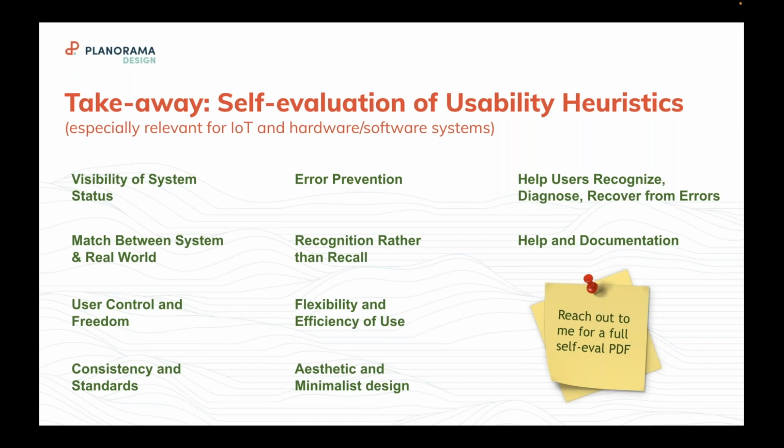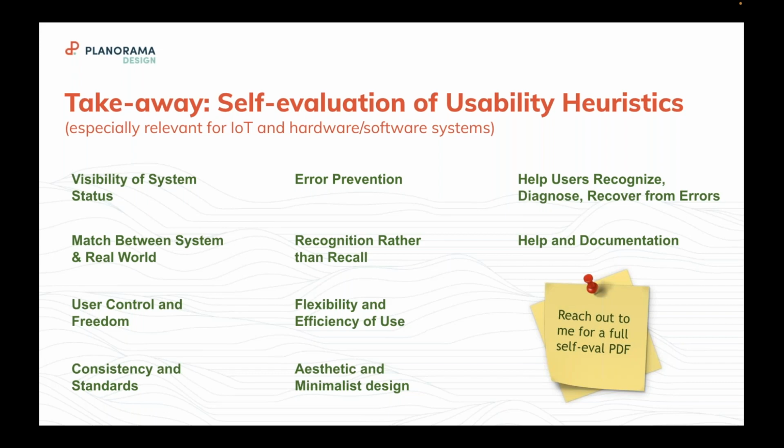Error prevention. Again, as much as we can, we want the software to manage the errors under the hood so that the user can just manage by exception as much as possible when the time comes. And then finally, over there on the far right, the help and documentation. If you do everything right, your software won't be hard to use, and they'll be able to just pick it up and go.